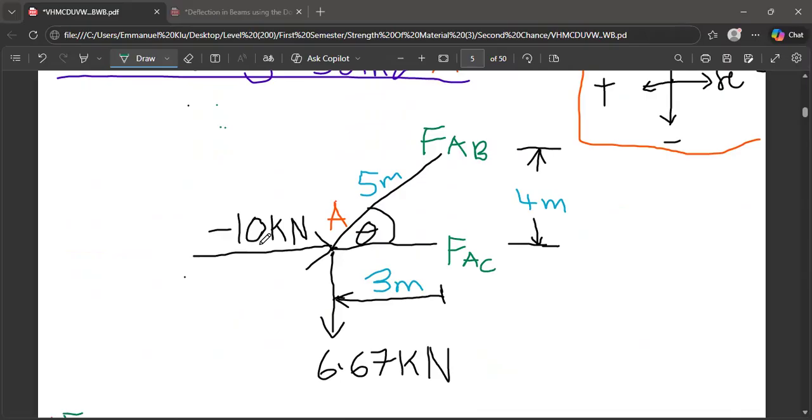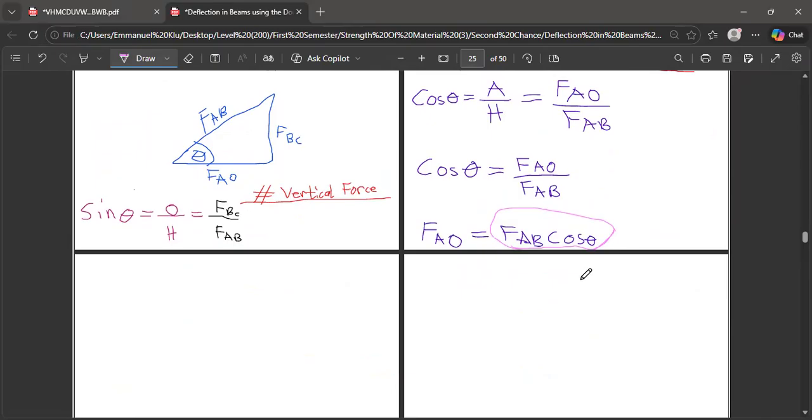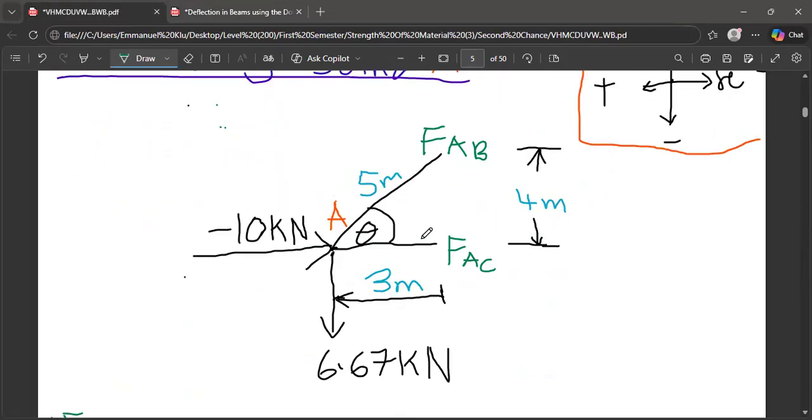Also, our FAB cos theta, as we learned initially. You see the horizontal axis or the x-axis. So the formula for that is what? FAB cos theta. So converting that knowledge to this, it means that we have to add the negative 10 plus FAB cos theta.